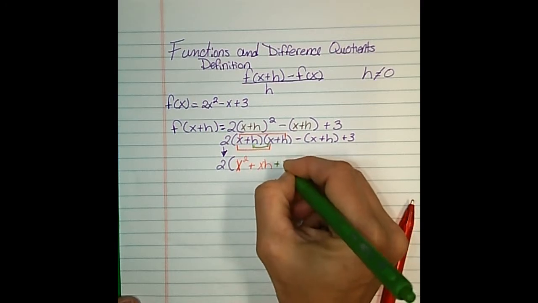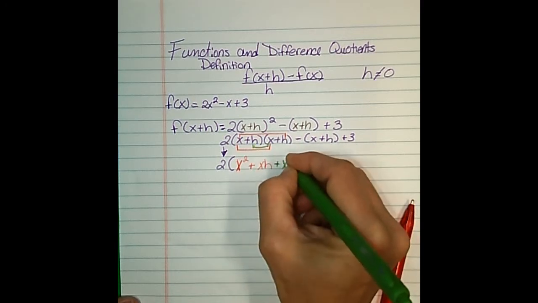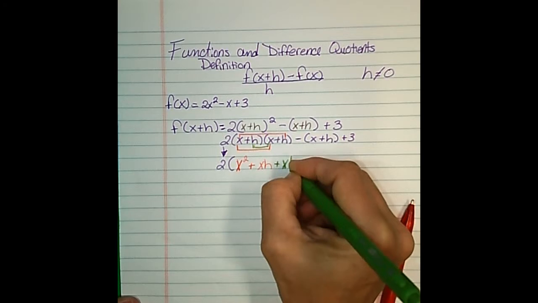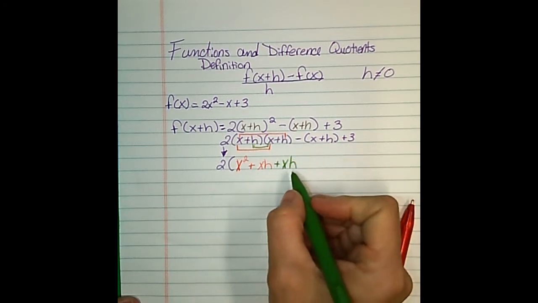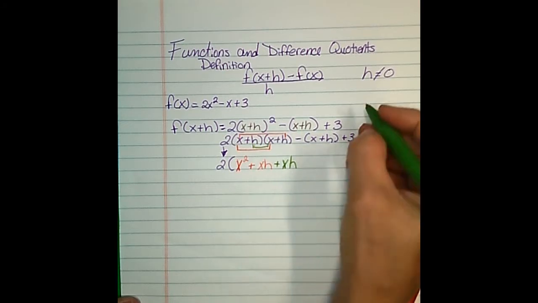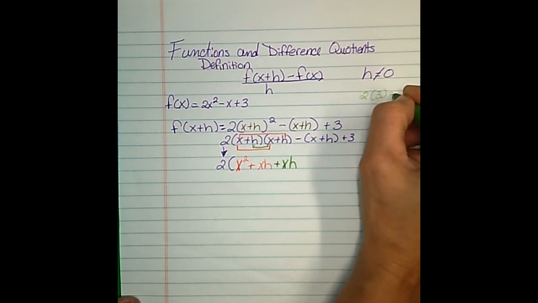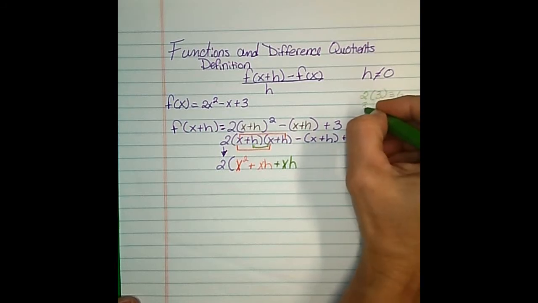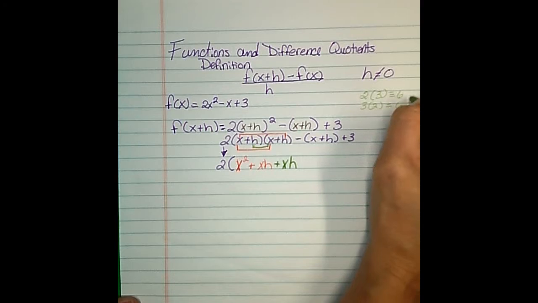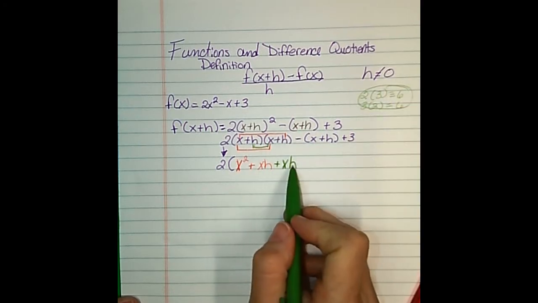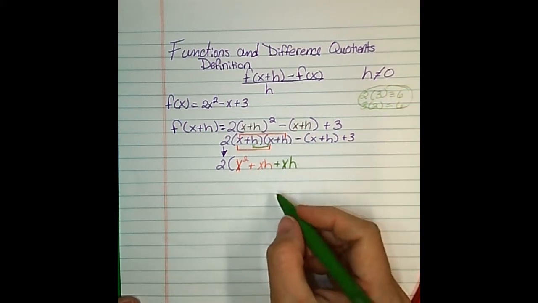And I'm just going to write xh just because that's how I wrote the other one. Guys, multiplication is commutative, so we can flip it. And if you don't understand that, just a little side note, 2 times 3 is 6. Well, 3 times 2 is 6 too. So that's why I can flip-flop these two in multiplication.